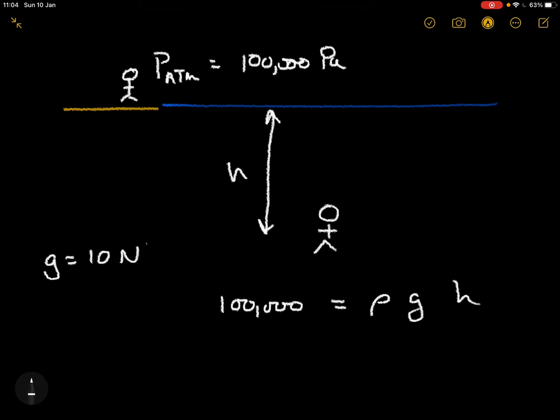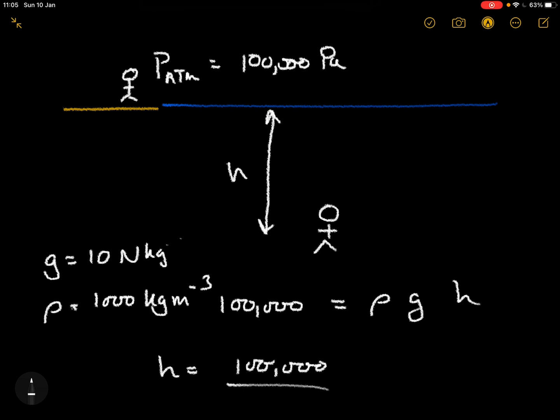Mixing up my units. g is 10 newtons per kilogram. And we'll say that the density of water is 1,000 kilograms per meter cubed. And so what we end up with here is quite nice. h is equal to 100,000 over 10 times 1,000. So we just get 10 meters.